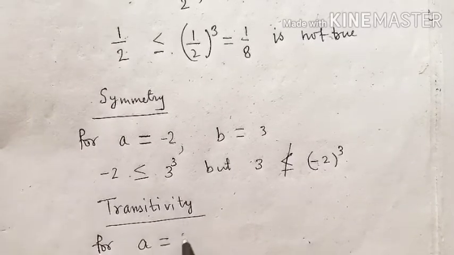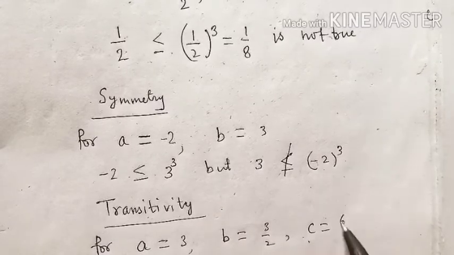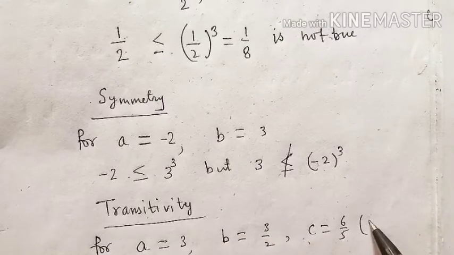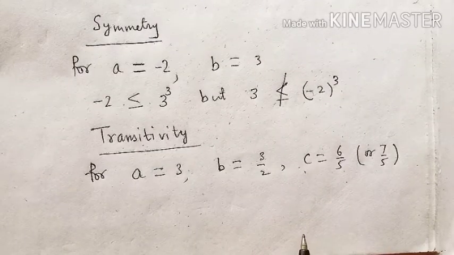Now let us see transitivity. Here we have to remember the example a = 3, b = 3/2, c = 6/5. We may also take 7/5. This is a special type of example.